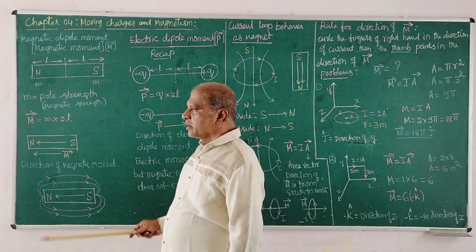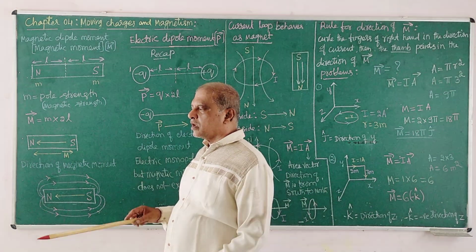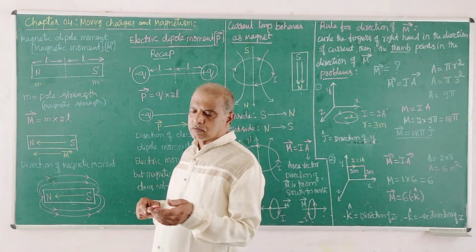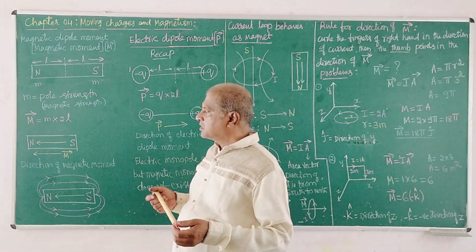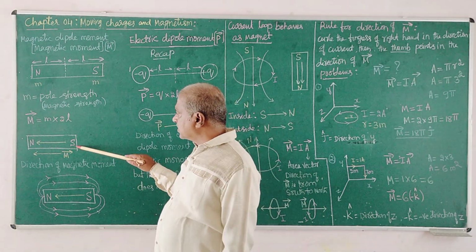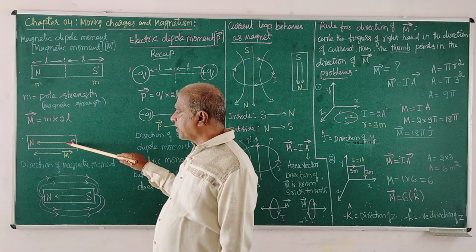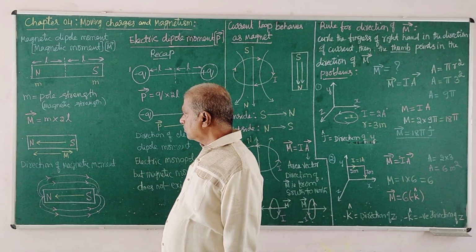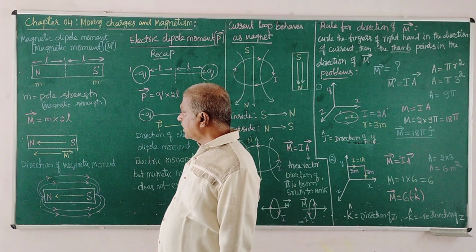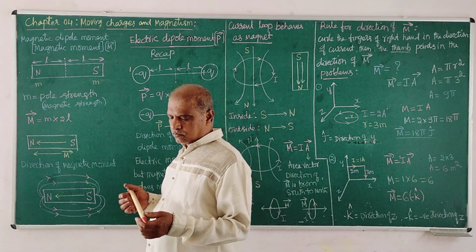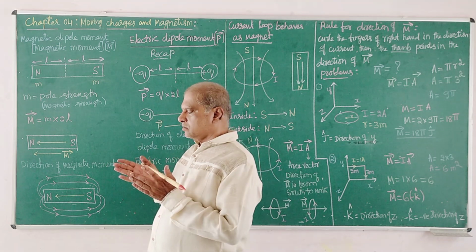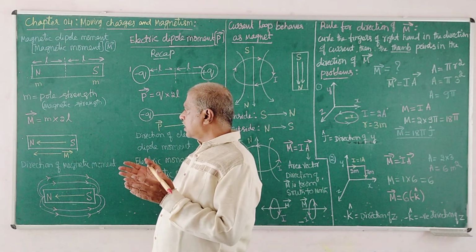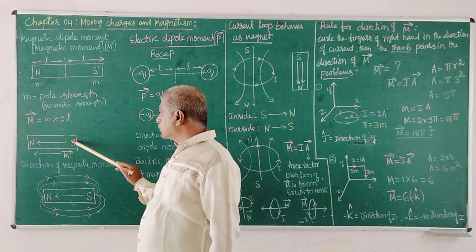If there is a magnet, there are magnetic lines of force, which represent the magnetic field or magnetic field strength of the magnet. The magnetic lines are of two types, inside and outside. Inside, the direction is from south to north.